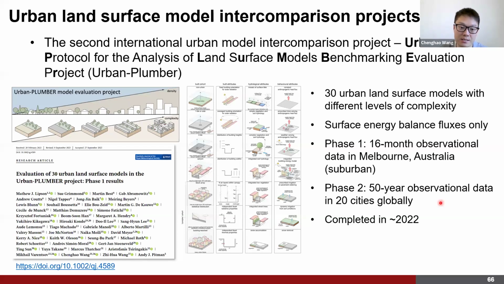We use this data to force different urban land surface models, and these models produce predictions of sensible heat flux, latent heat flux, ground heat flux, and different radiation components. Then the leaders of this project will use our outcomes to evaluate the performance of different models in these predictions.